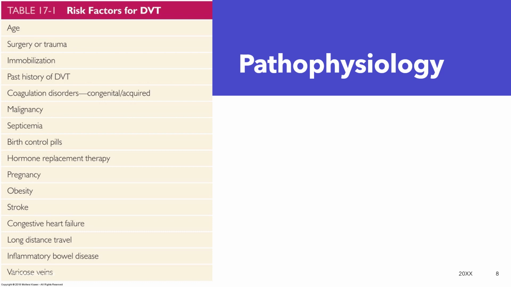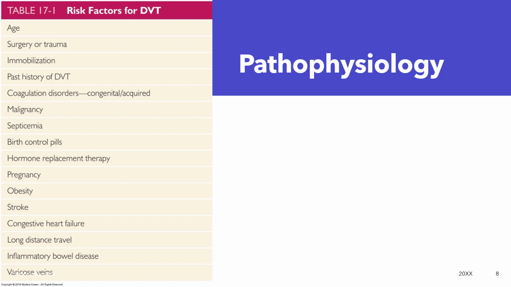It also can be accompanied by things like atrial fibrillation and different things like that that also increase your probability of blood clot formation. Surgery or trauma, that really correlates with the second item on Virchow's triad, where it would be disruption of the vessel wall. Immobilization, again, goes along with stasis.